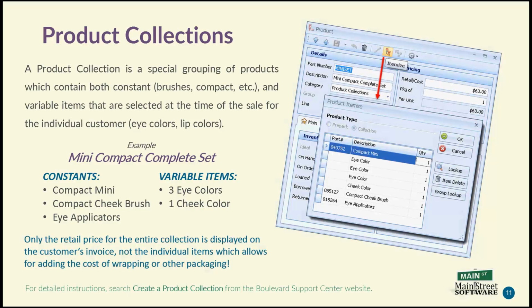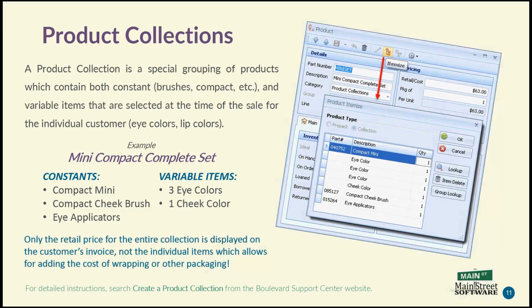And the customer's only going to see the one price, not all the individual prices that make up that collection. And then the next benefit to using a collection is it helps prompt you to choose the different items that make up that collection.